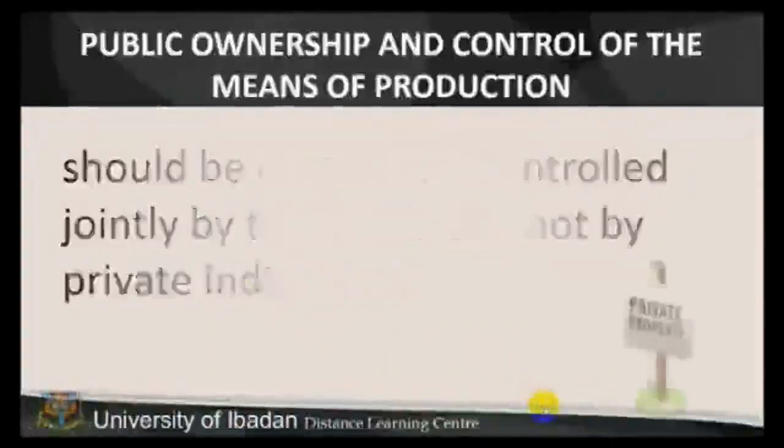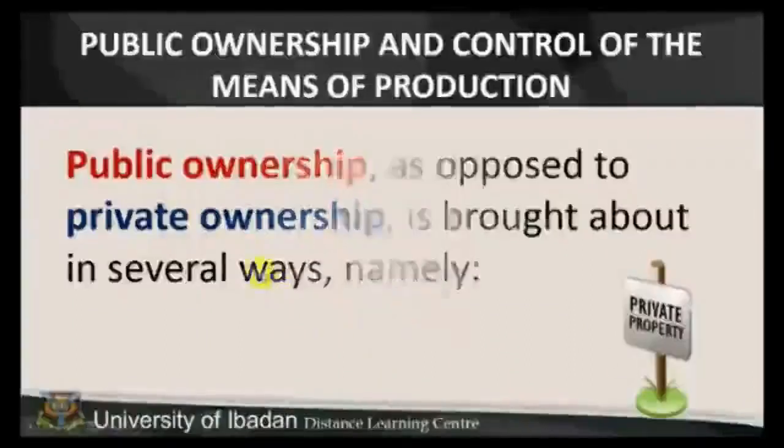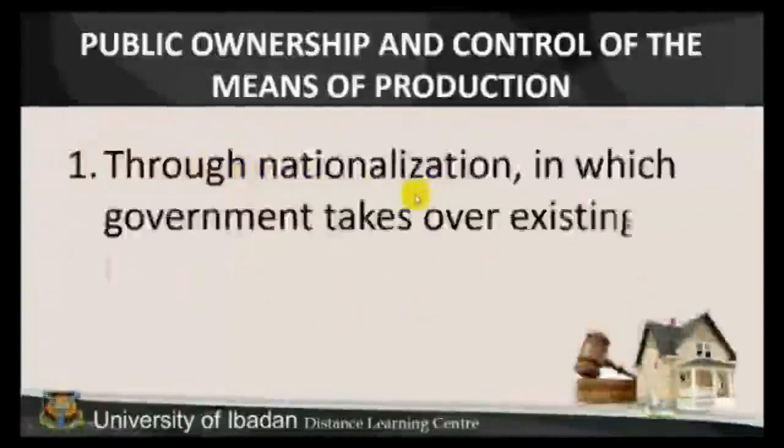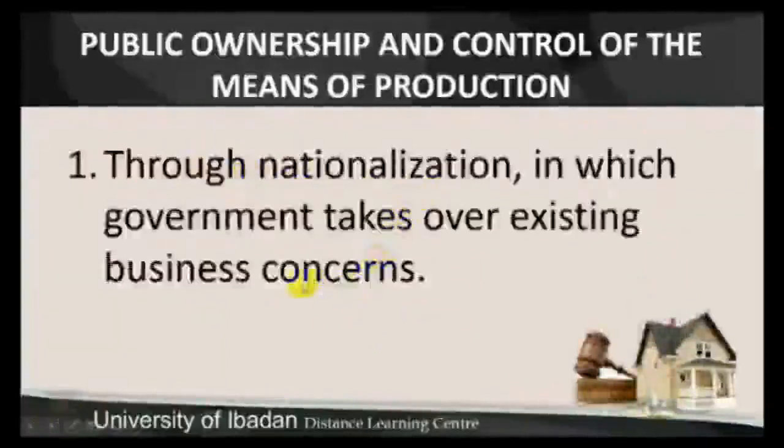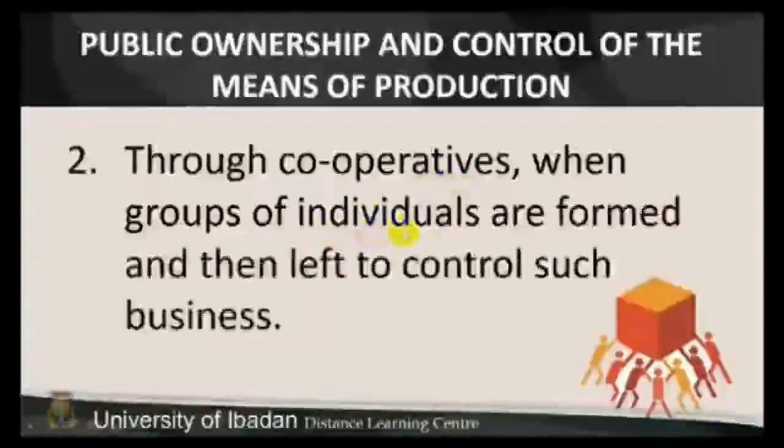Public ownership, as opposed to private ownership, is brought about in several ways, namely, through nationalization, in which government takes over existing business concerns, or through cooperatives, when groups of individuals are formed and are left to control such business.